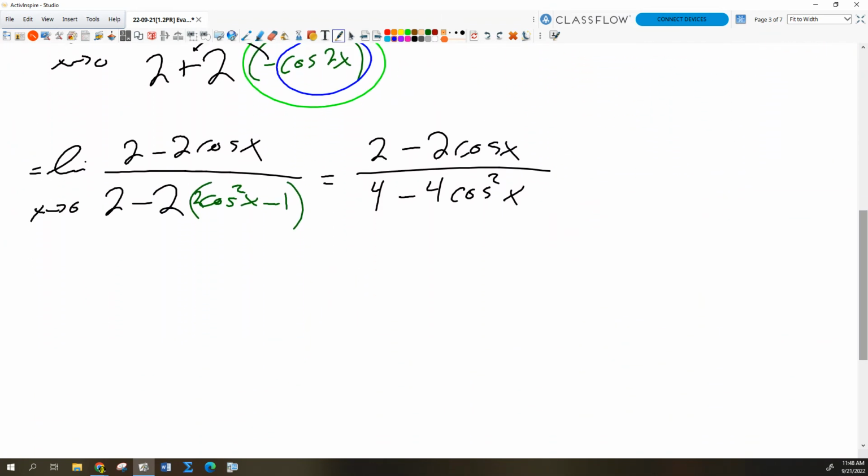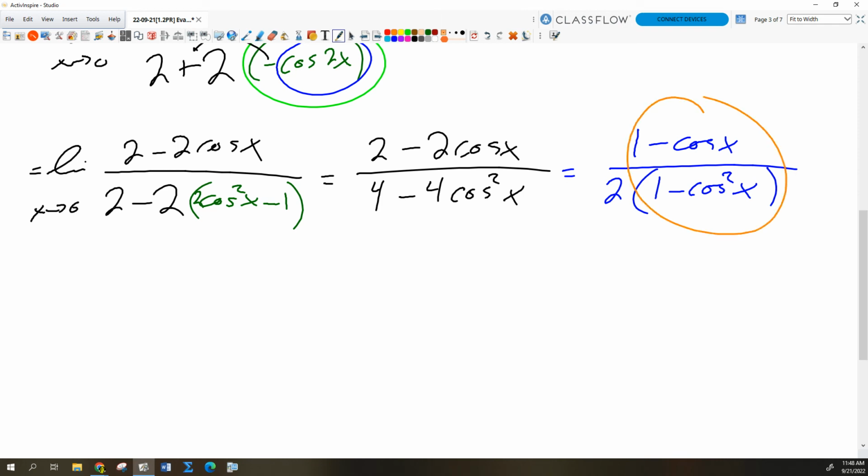Right? And now this is starting to look a little bit better, isn't it? I could factor a 2 out of the top and a 4 out of the bottom and make that a 1/2, right? Okay, hold that question for just 1 second, Jonathan. So on the bottom, I'm going to get 2 times the quantity 1 minus cosine squared x. On the top, I get 1 minus cosine x. And you guys could tell me what that is. 1 minus a over 1 minus a squared is what?